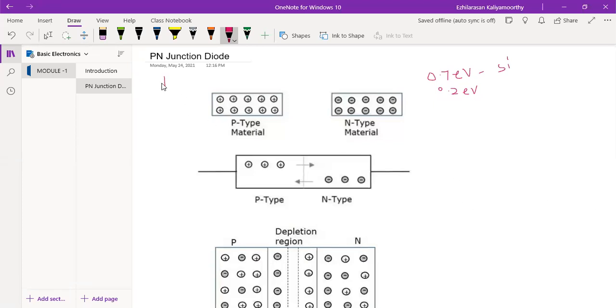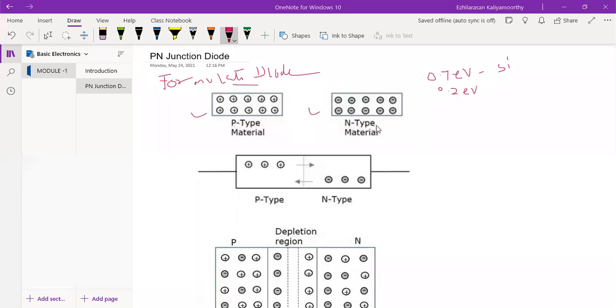Now, initially, let us study how we can formulate a diode, or the formation of a diode. For example, here is the p-type material and the n-type material. With only one type, either p-type or n-type material individually, we cannot form any electronic device or component.